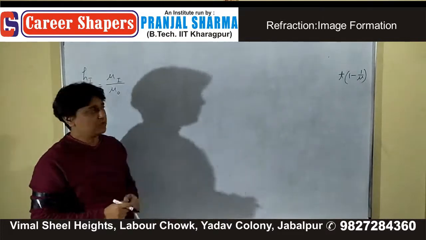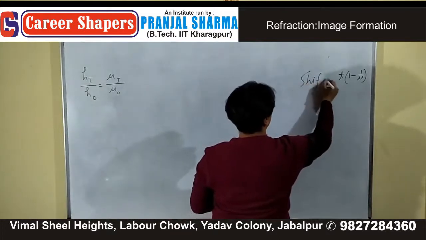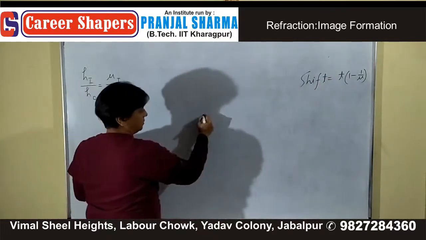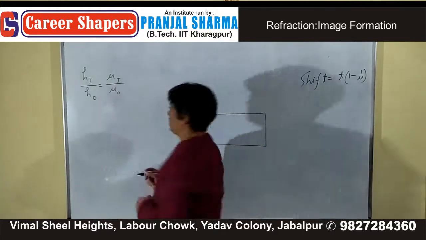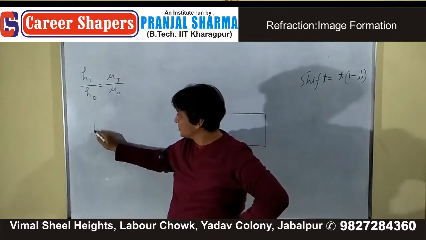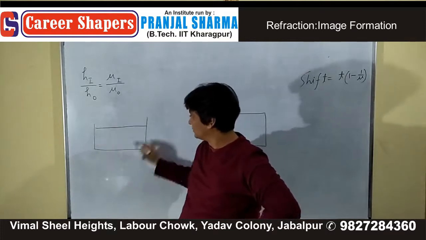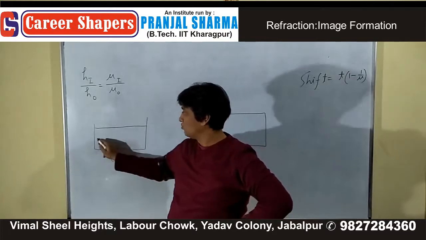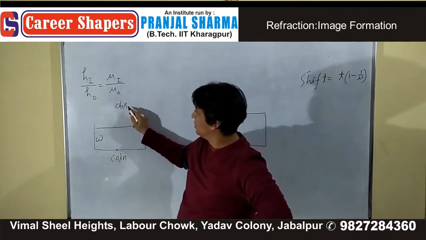Now look at the second method for the shift which we have obtained. We've already done these things that suppose you have a coin at this position in water and an observer looks at it from air.